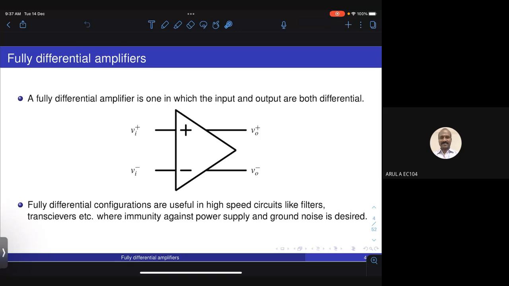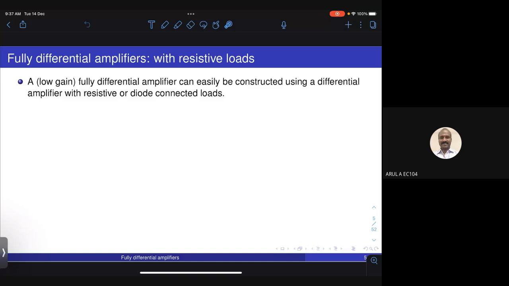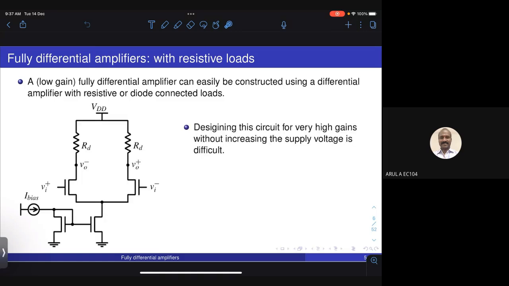So how do you make such a fully differential amplifier? Let's take a simple example. I think we all are familiar with a simple differential amplifier which can be constructed using resistive loads. This is a very basic circuit which we have probably studied in our undergraduate curriculum also, right?